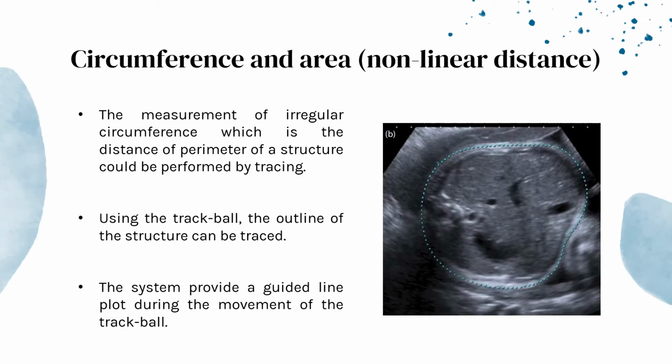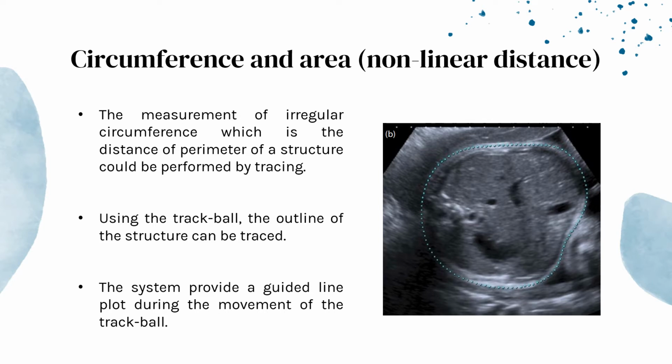Circumference and area measurement, or nonlinear distance measurement. The measurement of irregular circumference, which is the perimeter of a structure, could be performed by tracing. Using the trackball, the outline of the structure can be traced when the caliper is set on one end point in the structure.